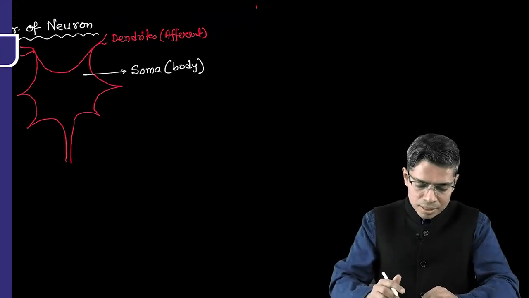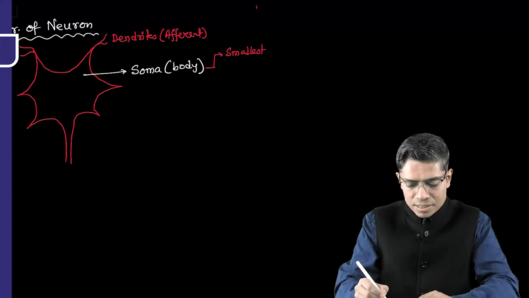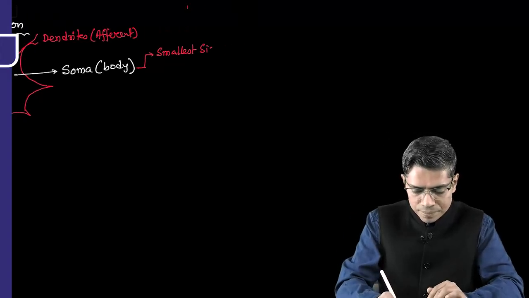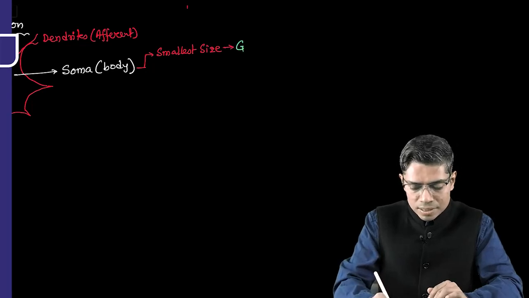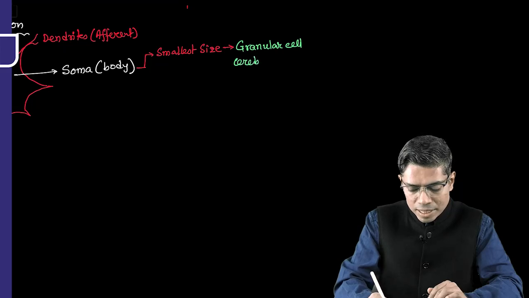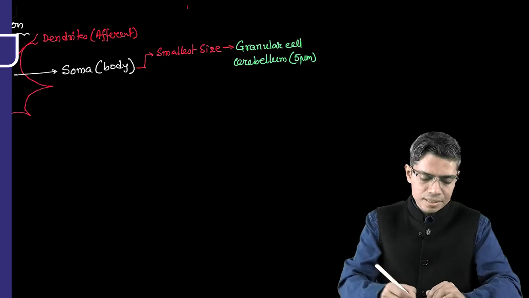We have to remember that the smallest size cell body is present in which neuron? Your answer is the granular cell of cerebellum. It has a size of only 5 micrometers, right?